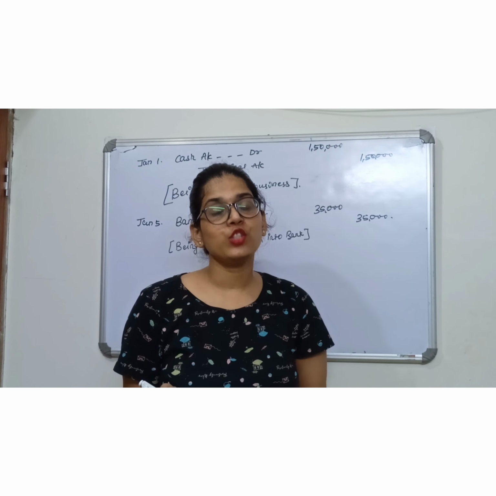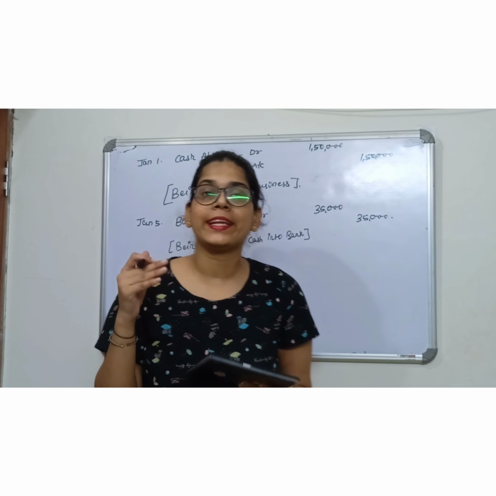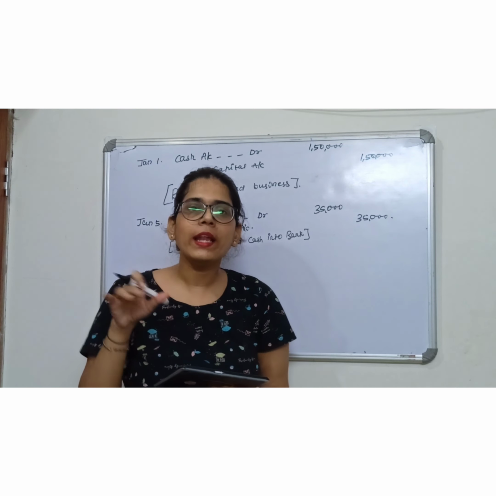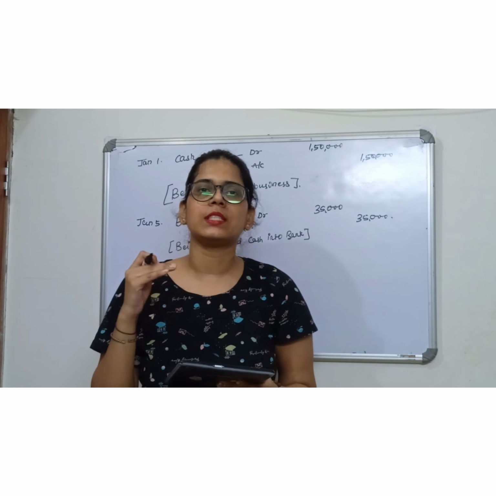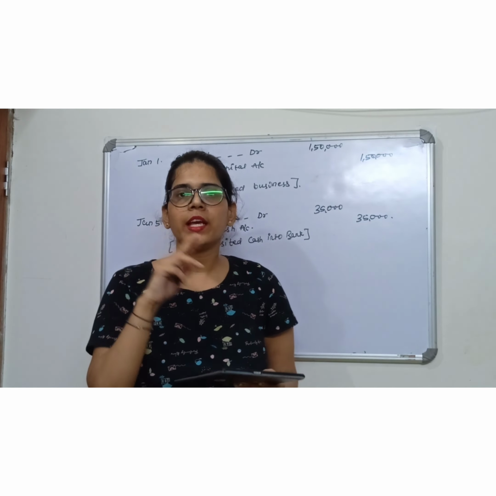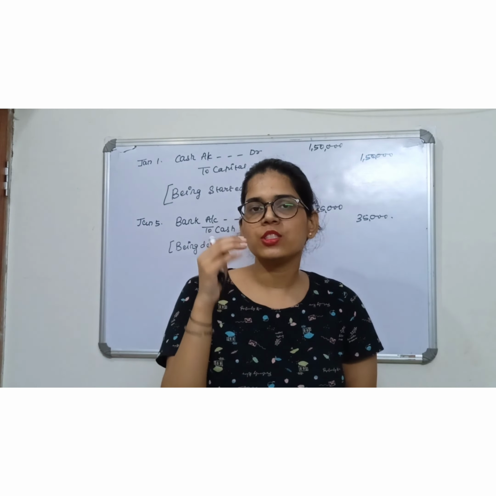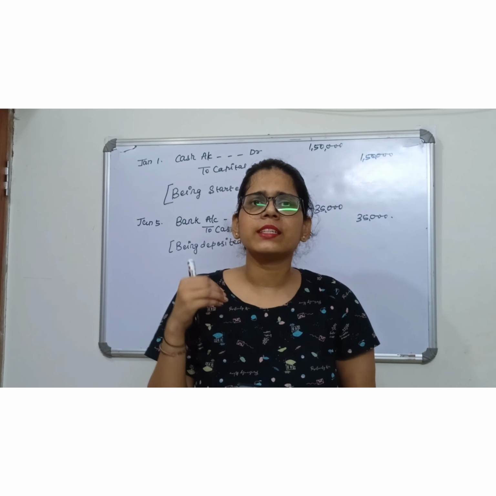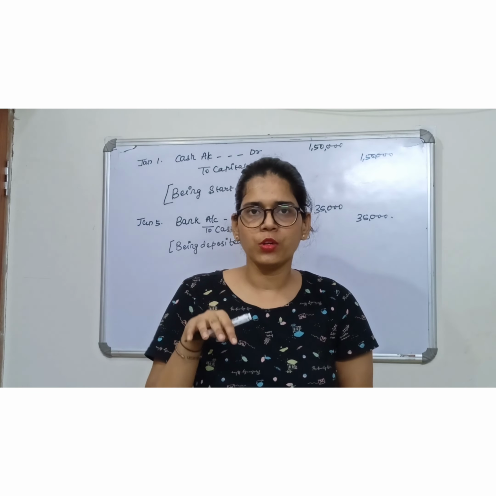And of course, when you are purchasing for cash, cash is going out as well. So the whole entry will be purchase account debit to cash account. Of course, see guys, there are two ways in which first you decide what needs to be debited, and then the simultaneous credit of course will be known.